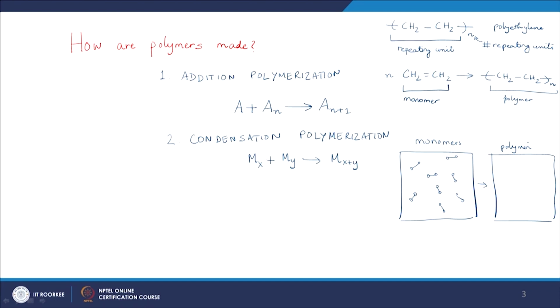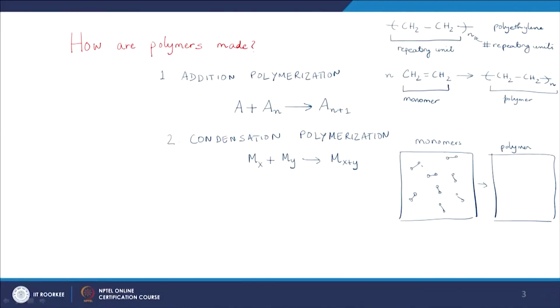And now you can see when the polymer is being formed by either the addition mechanism or the condensation mechanism, it is not happening only at a single place in the beaker, it is happening at many places. For example, these two are coming together, but these two are also coming together, and maybe three of them are coming together and so on, right.